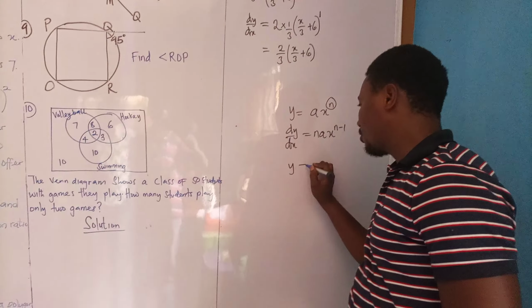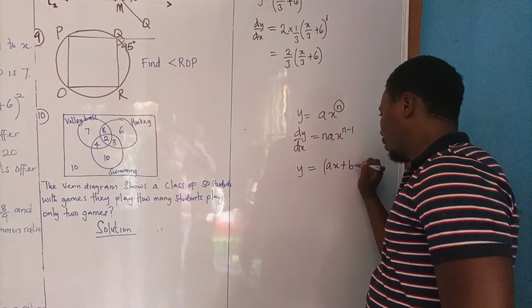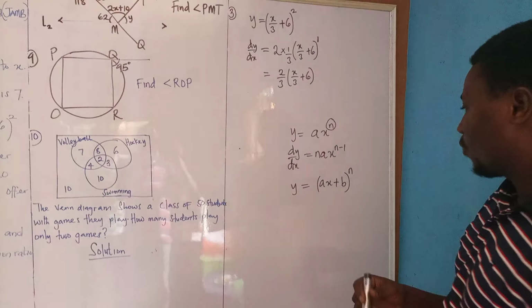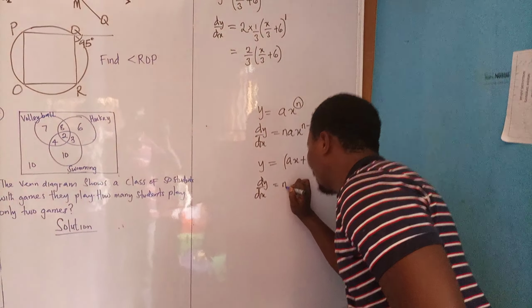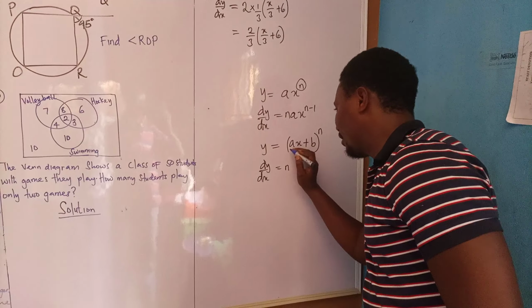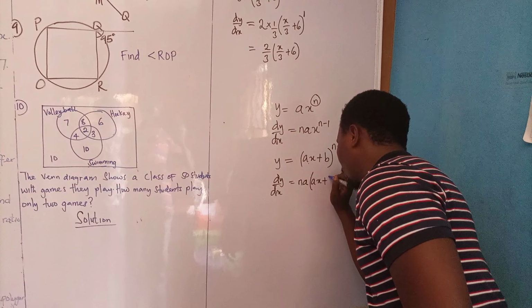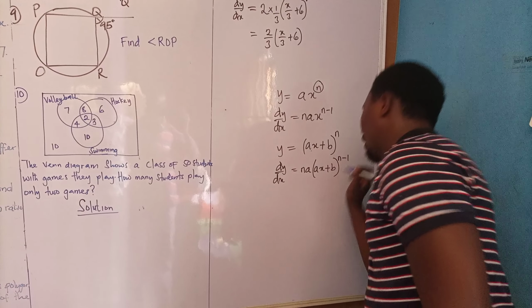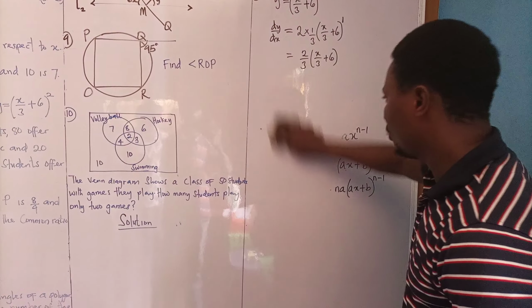Also, when you have something like y equals (ax + b) all raised to the power of n, which is the same thing as what we have there, you get your dy/dx by differentiating with respect to the power of the bracket, and that is n. You differentiate ax, and it gives you a. Then you open that bracket, all this will still remain ax + b, and the power will reduce by 1. That is similar to what we have just done. I'm just using that to refresh your memory.